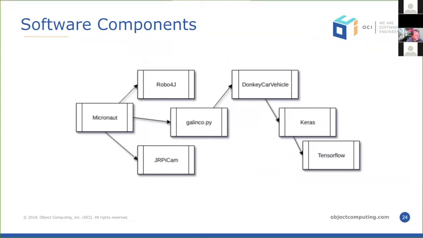We also use a Python wrapper my buddy Lee Fox wrote called Galecino.py. What that does is wrap just the self-driving parts of the DonkeyCar to get that going. And there's a reason why we had to do that, because of some limitations of TensorFlow and Deeplearning4J that are currently being worked on.